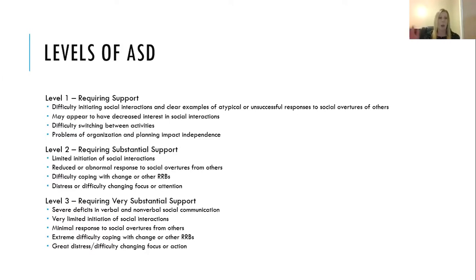And then we have level 3, which is kiddos requiring very substantial support. So pretty significant deficits in verbal and nonverbal communication. They may not have any gestures, facial expressions, or the ability to make eye contact at all. Very limited initiation of social interaction, not interested in interacting with peers their age at all, maybe not even with younger kids or adults either. And pretty limited reaction to the overtures of others.